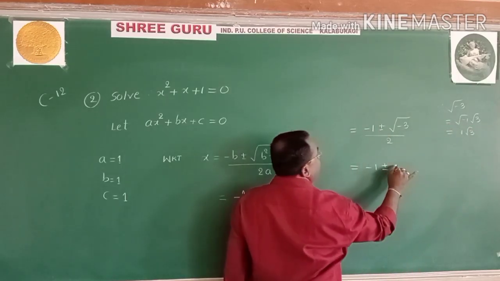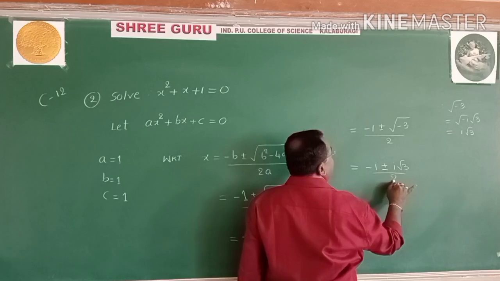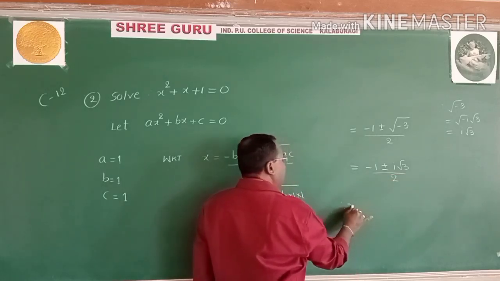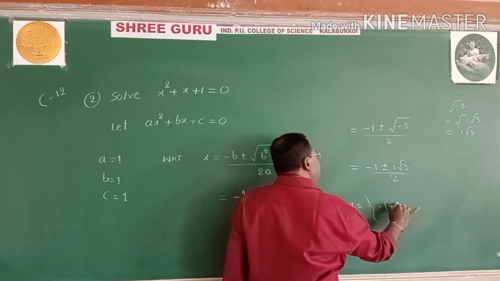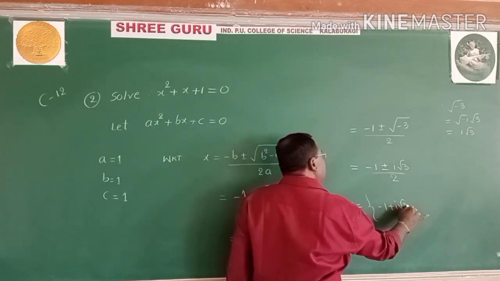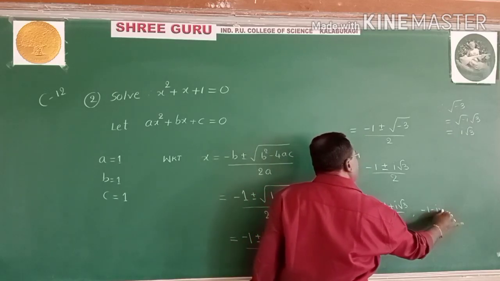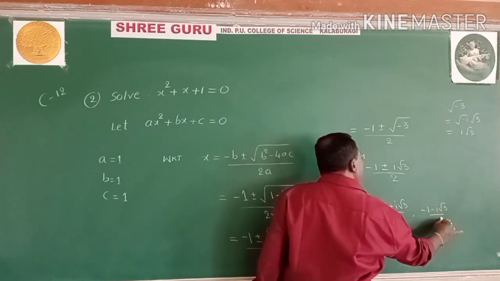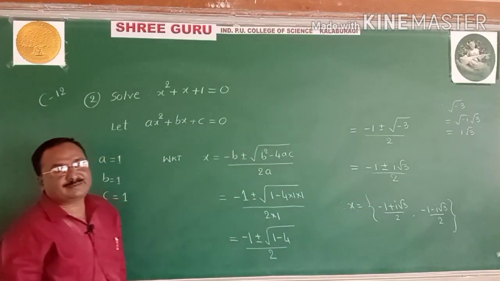I. So I root 3 divided by 2. Therefore the solutions are minus 1 plus I root 3 divided by 2, or minus 1 minus I root 3 divided by 2. These two values are called omega and omega square.